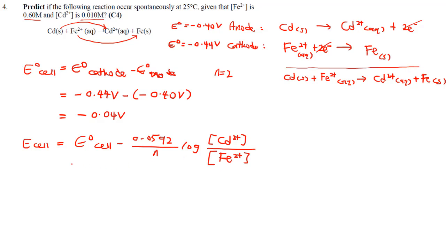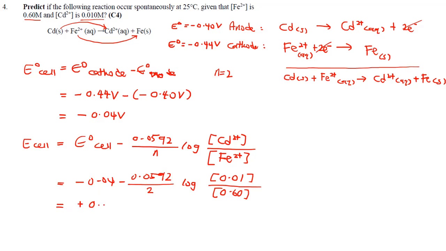Okay, so E naught cell is minus 0.04, our n value is 2, concentration of cadmium is 0.01, and concentration of Fe2 plus is 0.6. Okay, so solving this should give you a value of positive 0.0126 volt.